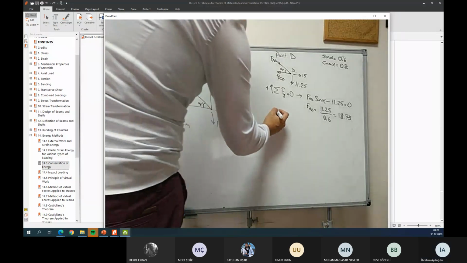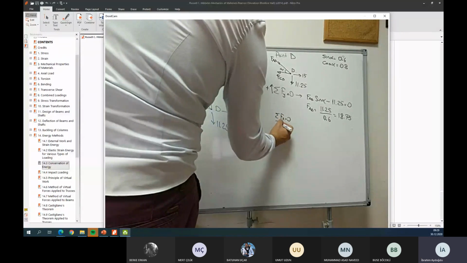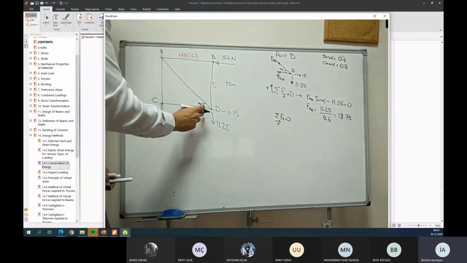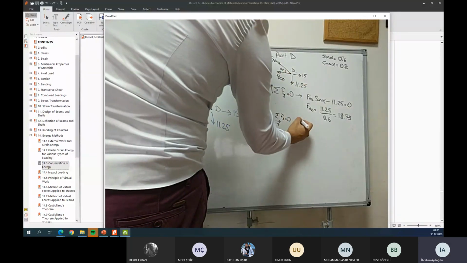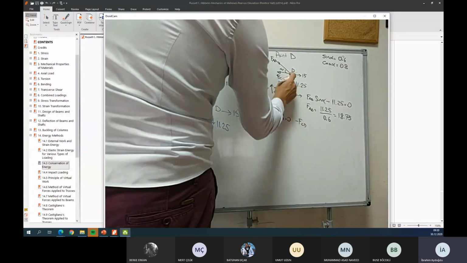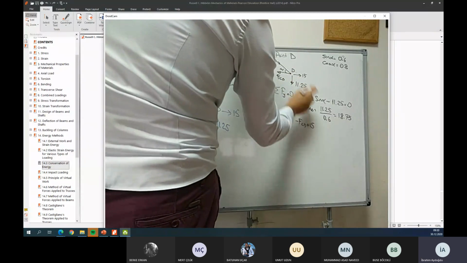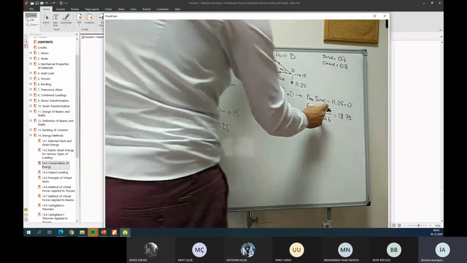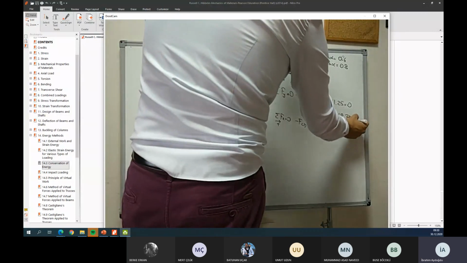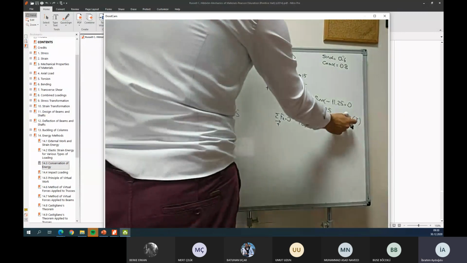Okay. So sigma Fx is equal to 0. I'm taking this direction as positive. Looking at these forces, you can see minus F_CD goes in this direction, plus 15. Also I forgot that this is positive, therefore this is tension. I forgot to write the value.